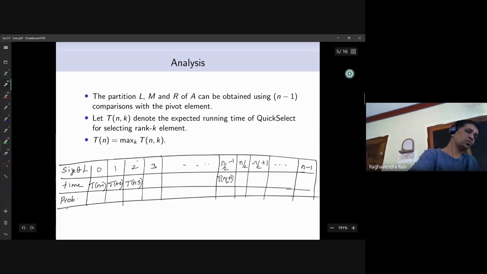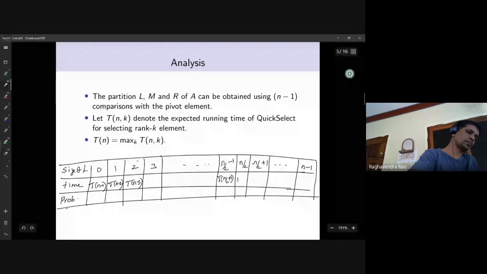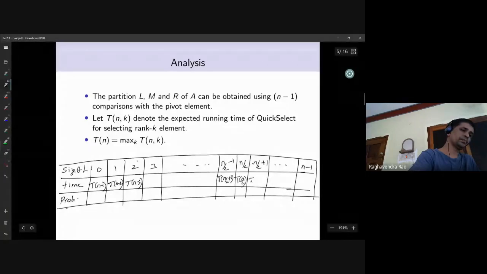T(n/2), because L is bigger than R in this case. Here n/2 + 1, etc., again n-1.